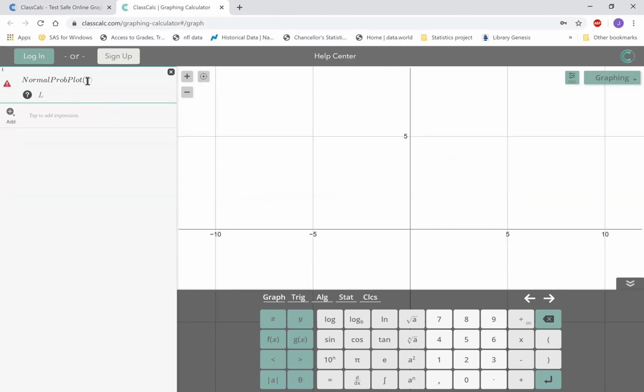Then you want to enter the values. If you have your chapter 6 notes, we're going to enter 728, 678, 723, 735.